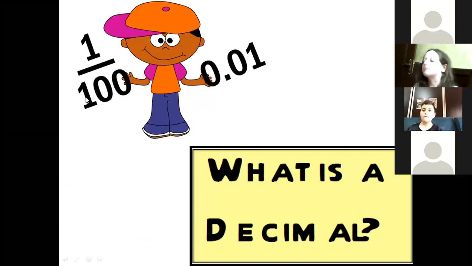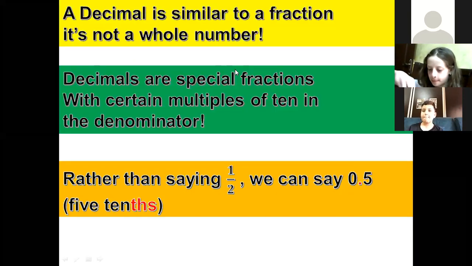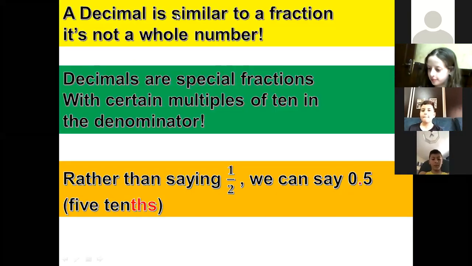Now, the decimal, if you look at this boy, he's holding two numbers, 1 over 100, and there's another number which is 0.01. That 0.01 is actually a decimal, okay? The decimal is similar to the fraction in the value and in the meaning of it, but not in the way that it looks. They totally look different.